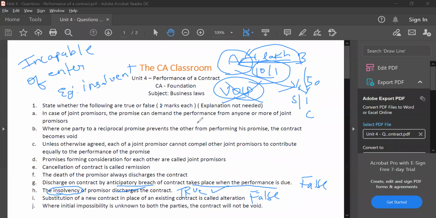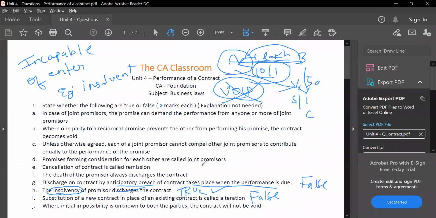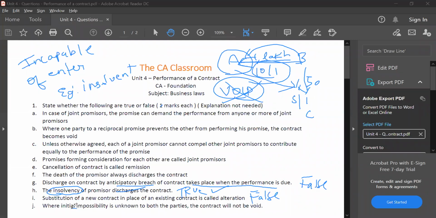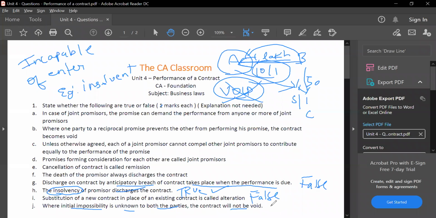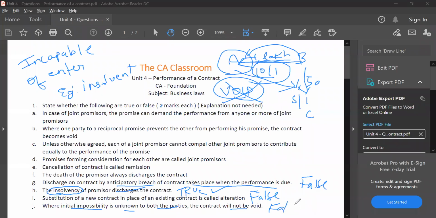Where initial impossibility is unknown to both the parties, the contract will not be void. Answer, guys: False. Read carefully. Where initial impossibility is unknown to both the parties, the contract will not be void, they're saying. Therefore, the contract will be void. So this statement is false.